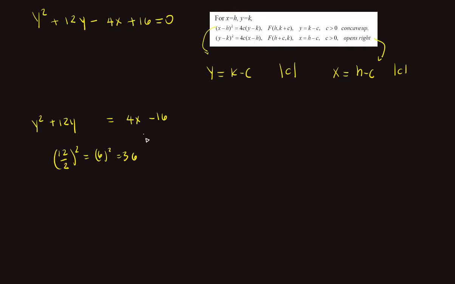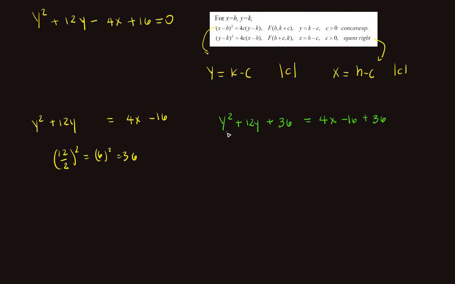So we get y squared plus 12y plus 36 is equal to 4x minus 16 plus 36. If we add 36 on this side, we have to add 36 on the other side.